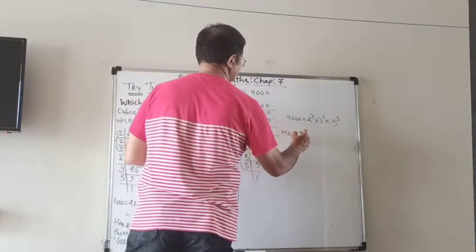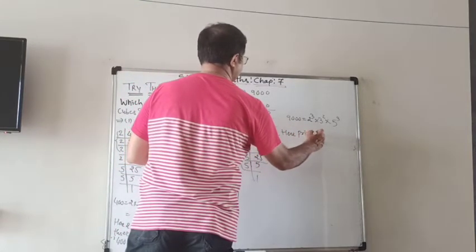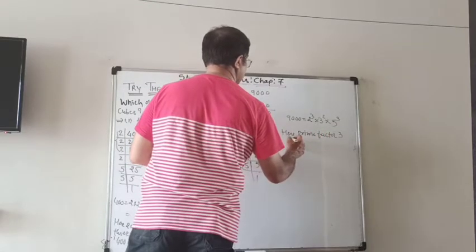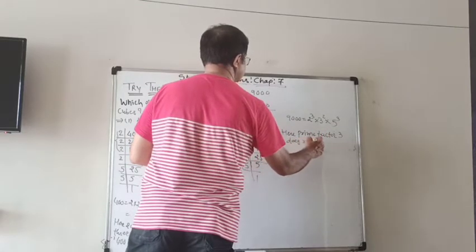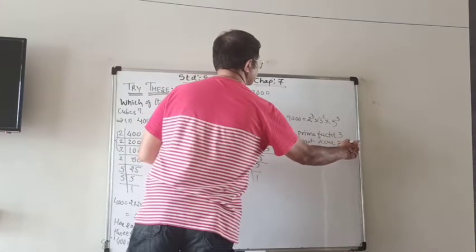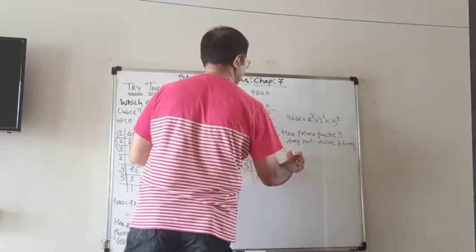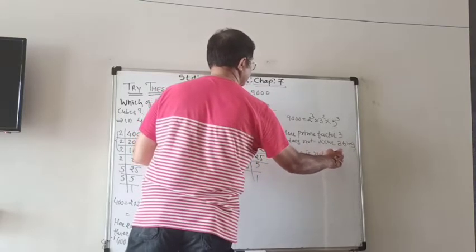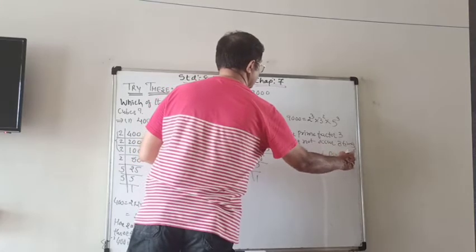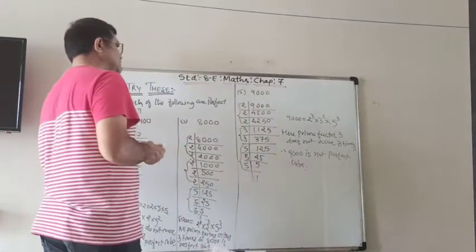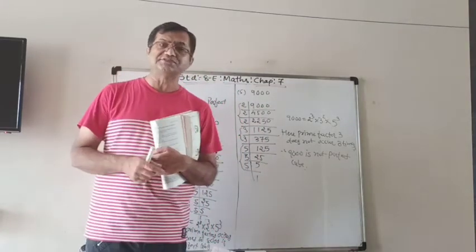So here prime factor 3 does not occur 3 times. Therefore 9,000 is not a perfect cube.